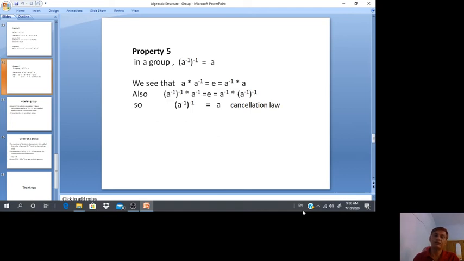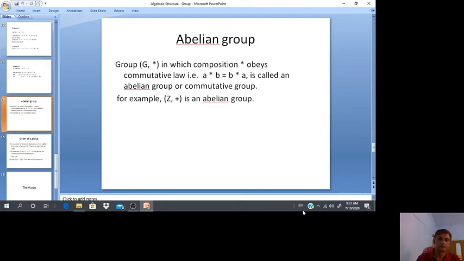So if a is an element of G, then a⁻¹ is also an element of G. Then (a⁻¹)⁻¹ * a⁻¹ is e, and similarly for the other side. So we see that (a⁻¹)⁻¹ is a by the cancellation law. These are some elementary properties.